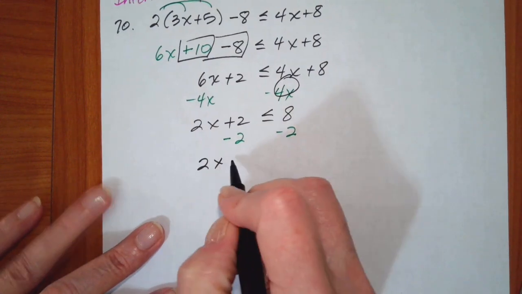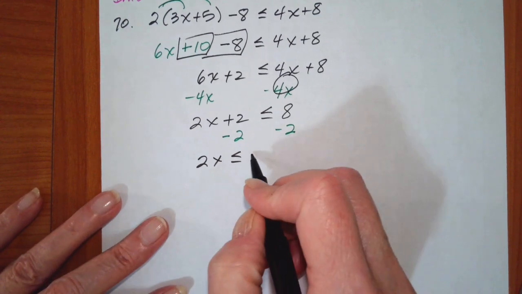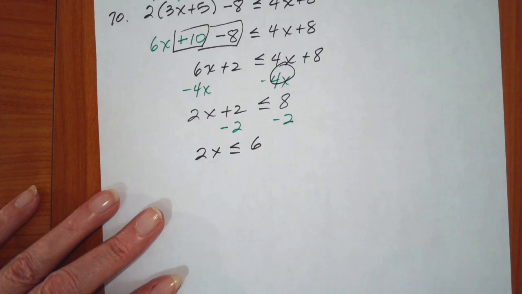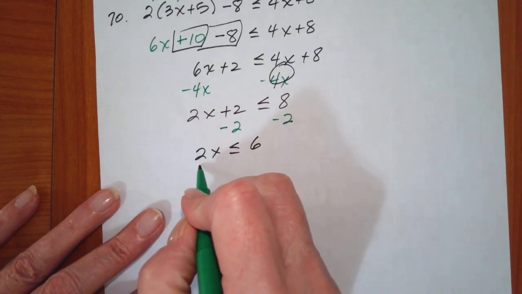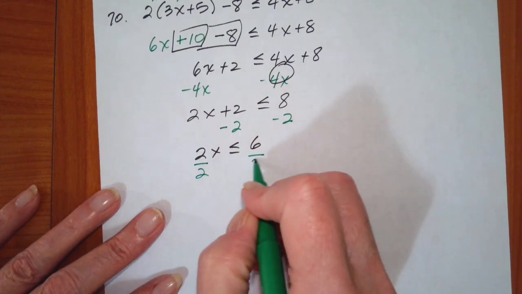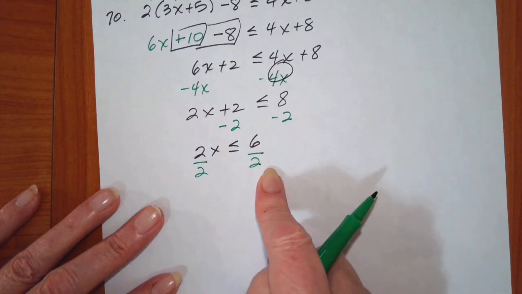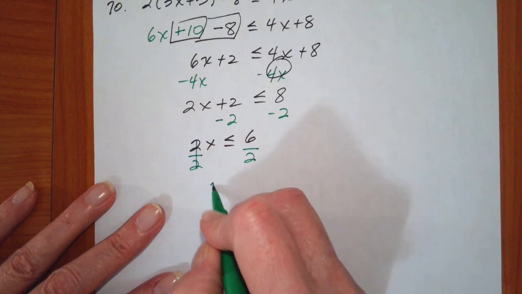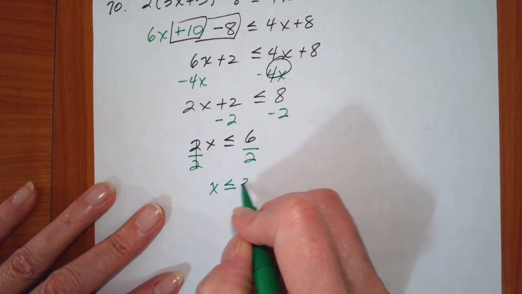That gives me 2x is less than or equal to 6. So here I'm going to divide by 2. Since I'm dividing by a positive number, I leave the inequality alone, and I get that x is less than or equal to 3.